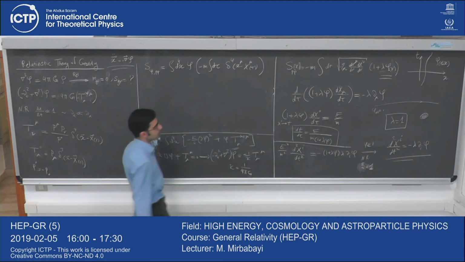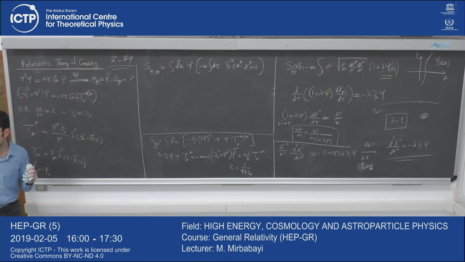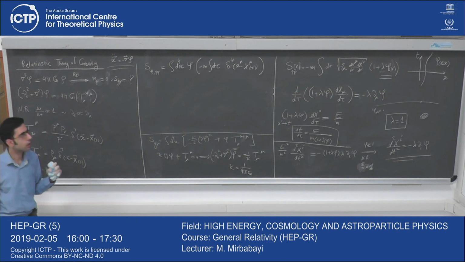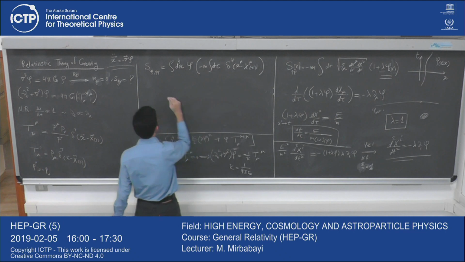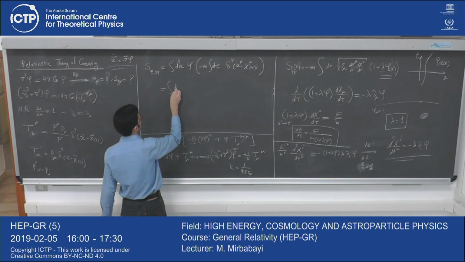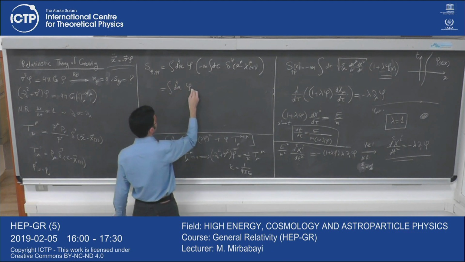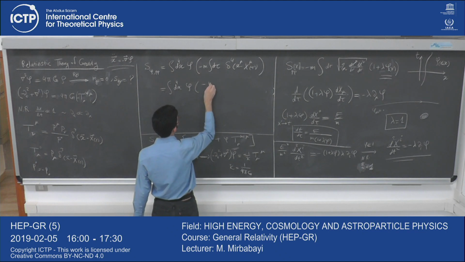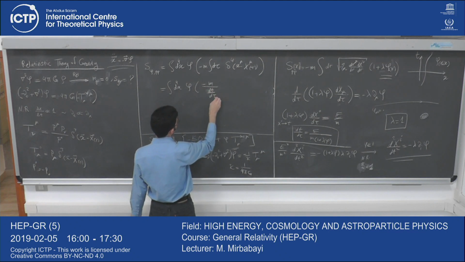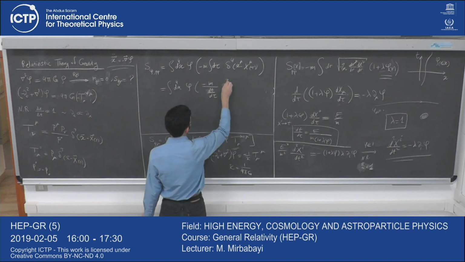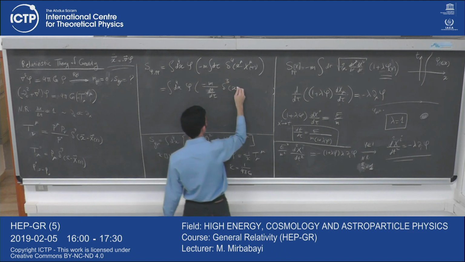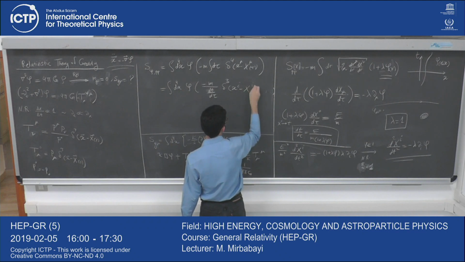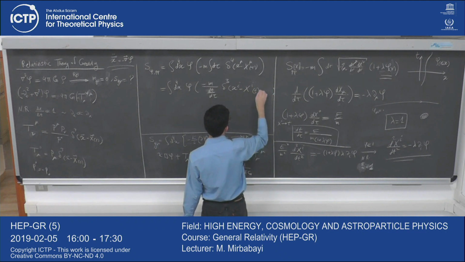Now we can use the delta function along the zeroth direction to do this tau integral. That gives us d4x phi times minus m divided by dt d tau times delta 3 of xi minus xi of t.